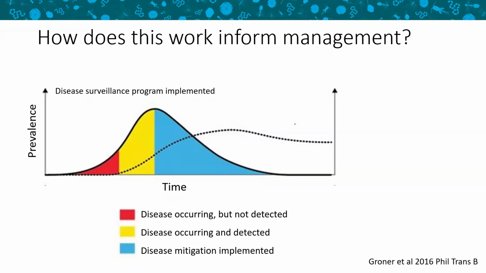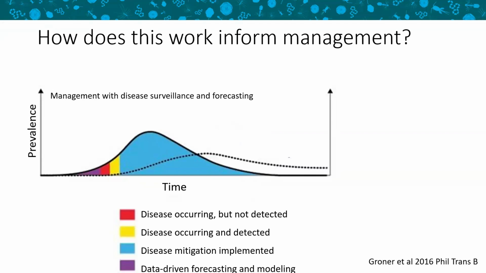And if we know enough about the disease, we may be able to do some forecasting and modeling and predict when we think it should occur. In this case, we can flatten the curve, the way you've probably heard with COVID. Maybe you can do more culling. You can intervene early enough that you can have more of an effect.